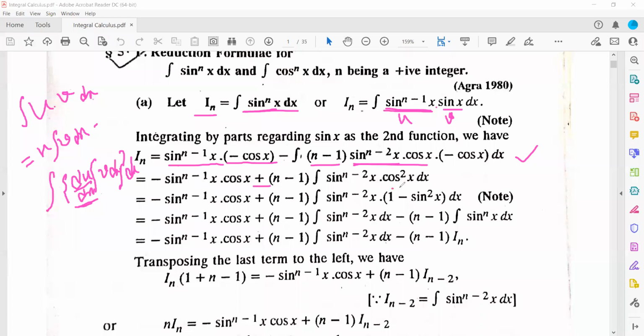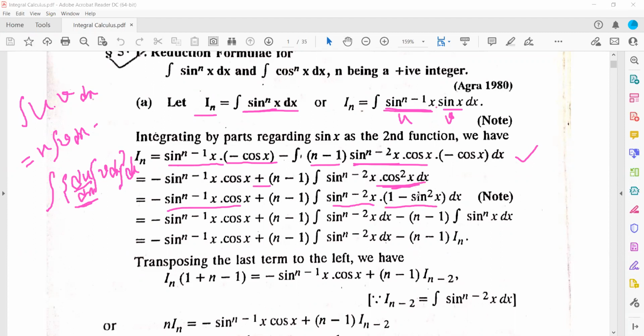So this will be n minus 1 integration of sin to the power n minus 2 x. Now this cos square x in terms of sin x is 1 minus sin square x. Is that clear?